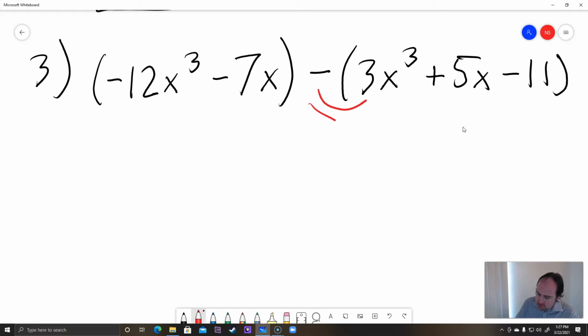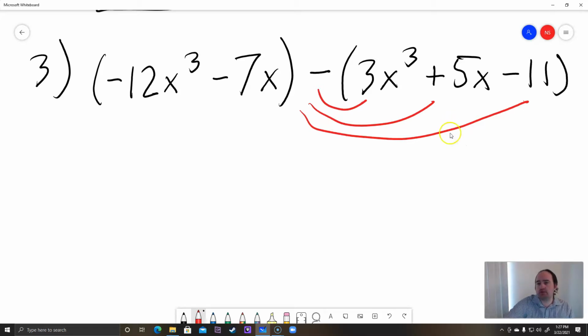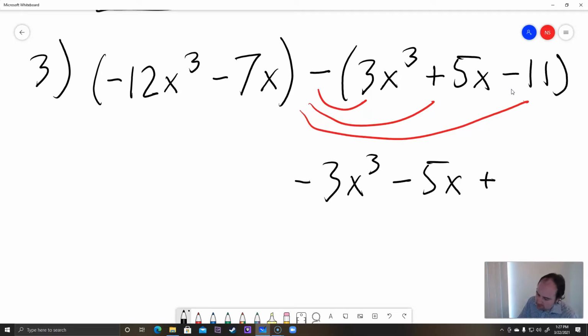We distribute that minus to each term of the second polynomial, and all that does is switch the signs. Originally the signs were plus, plus, minus, so now they're going to be minus, minus, plus. So we're going to have minus 3x cubed minus 5x plus 11.